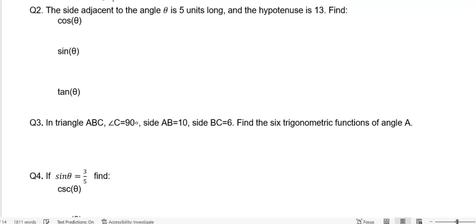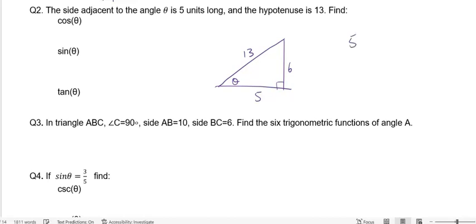Okay, same idea here. Draw a quick triangle. Doesn't really matter how you draw your triangle either, as long as you label the sides properly. Adjacent is 5. Hypotenuse is 13. All right, let's do the math on this one. If it's a Pythagorean triple, this is an integer.